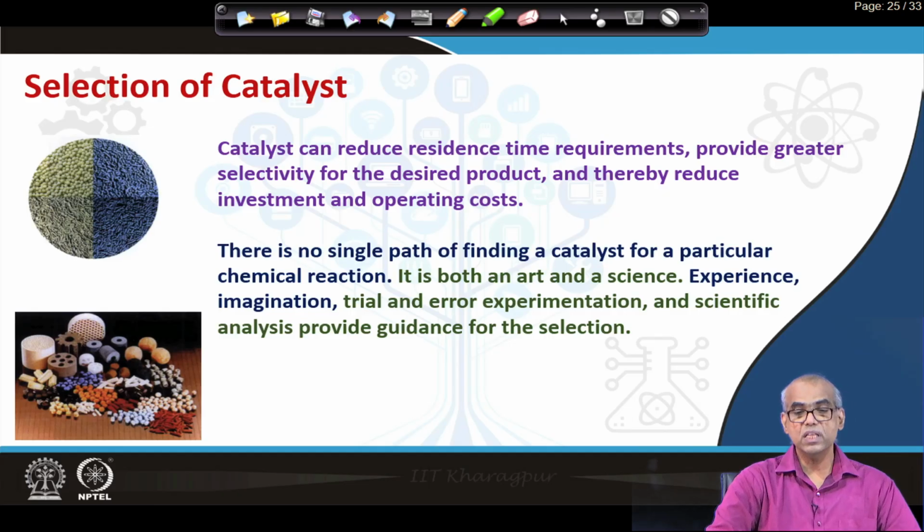Unfortunately, there is no single path of finding a catalyst for a particular chemical reaction. It is both an art and science to find the appropriate catalyst for any given process. Experience, imagination or creativity, trial and error experimentation and scientific analysis of the experimental results will provide guidance for the selection.